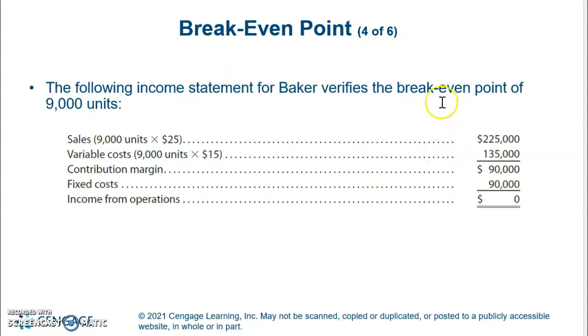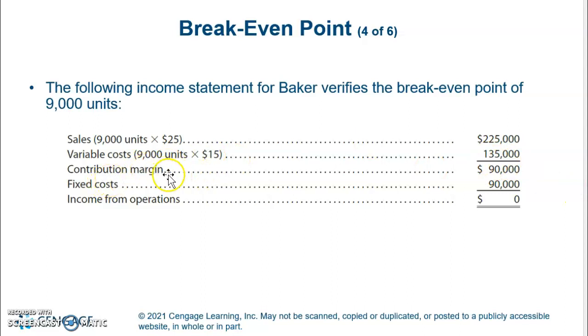So the following income statement verifies the break-even point. Take 9,000 units times how much you sell each unit for, $25. So you get $225,000. Variable cost, remember it was $15 per unit. Times that by 9,000, you get $135,000.